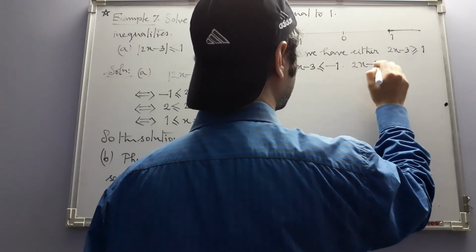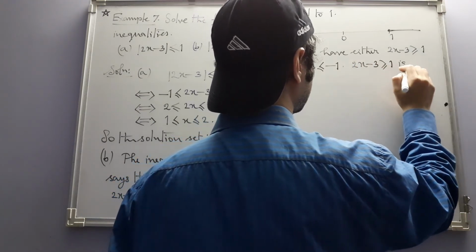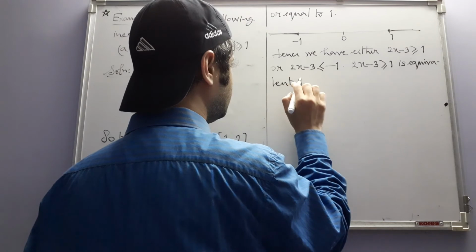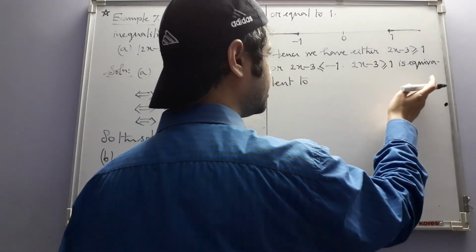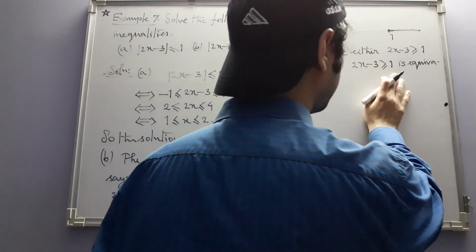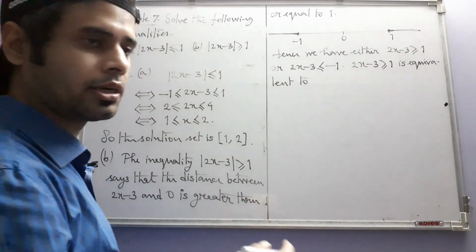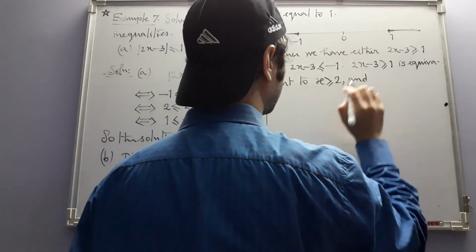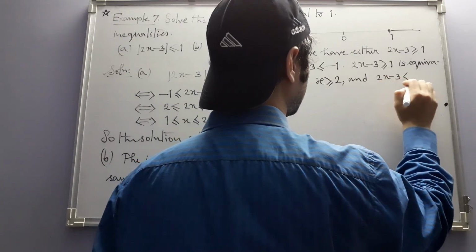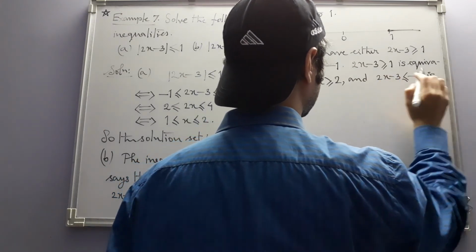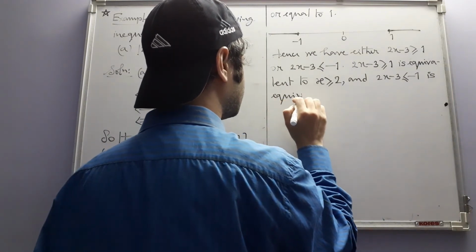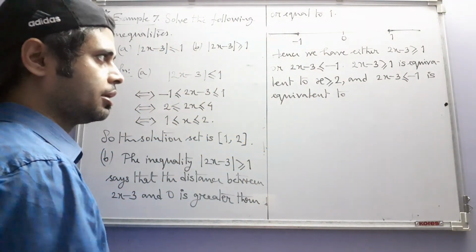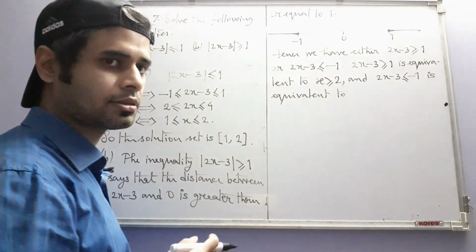Now 2x minus 3 greater than or equal to 1 is equivalent to, you add 3 on both sides, 2x greater than or equal to 4, which is equivalent to x greater than or equal to 2. And 2x minus 3 less than or equal to minus 1 is equivalent to, add 3 on both sides, 2x less than or equal to 2, that is x less than or equal to 1.